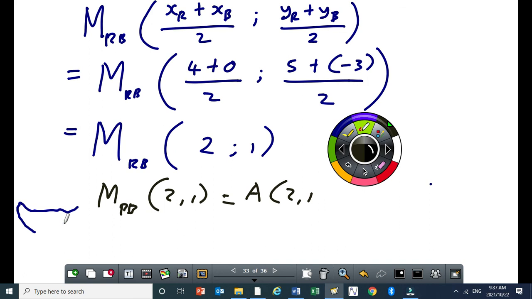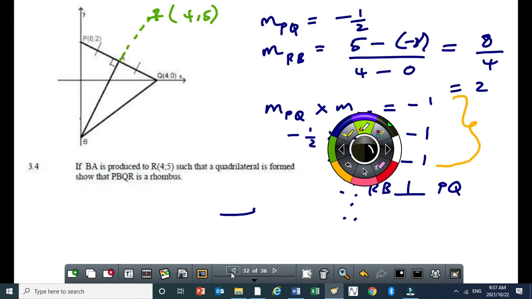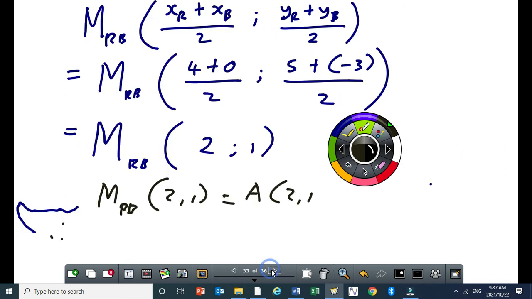Then you can say therefore, PBQR is a rhombus. Why? You must put the reason why you are saying that it is a rhombus. The reason will be diags.